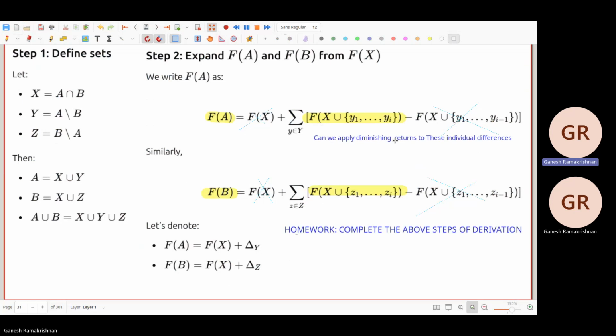We want to show that f of A plus f of B is greater than equal to f of A union B, blah, blah, blah. Right? So should this difference be f of Q union s minus f of Q, or f of P union s minus f of P? That should be very clear to you. What would you desire? Q or P?